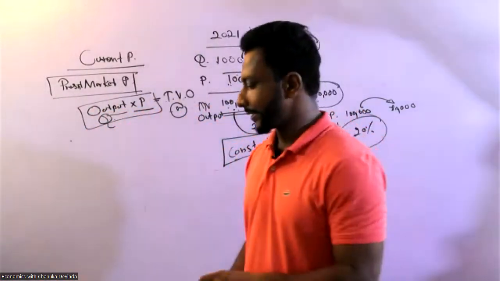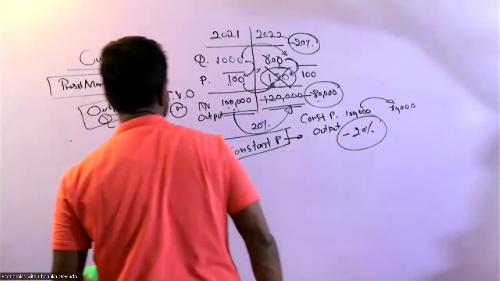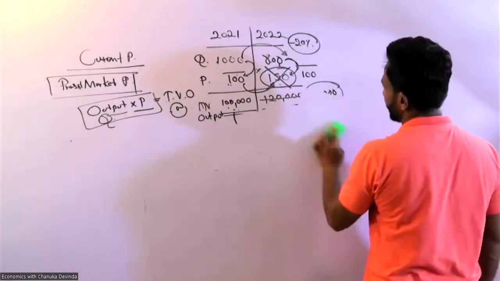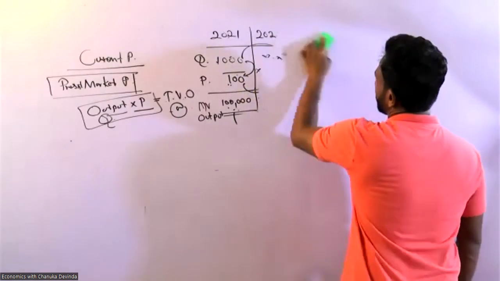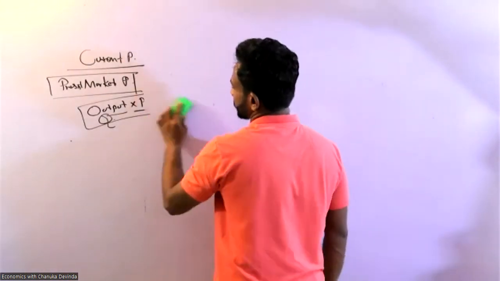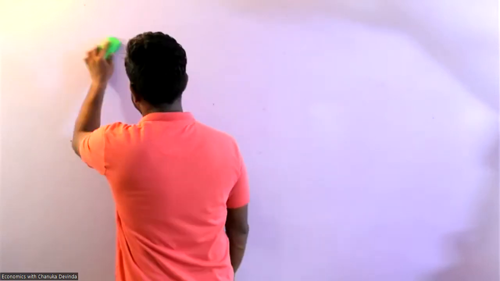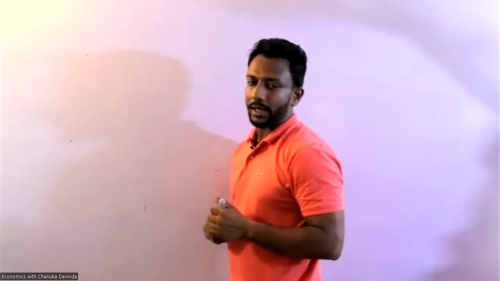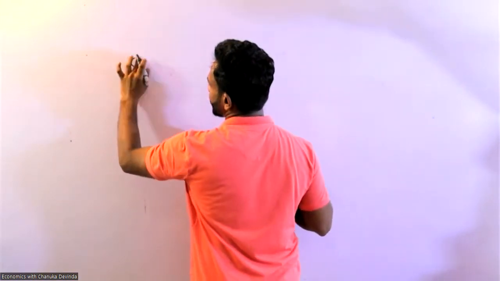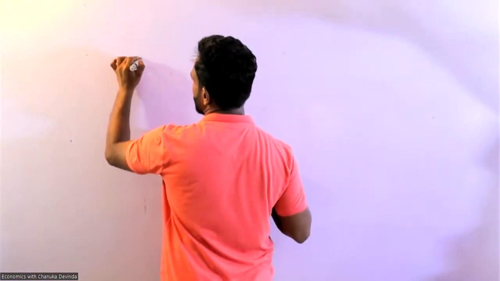Using a price index, we can calculate constant price GDP. So that needs to be filled in that box. Write down constant price GDP, or GDP at constant price.